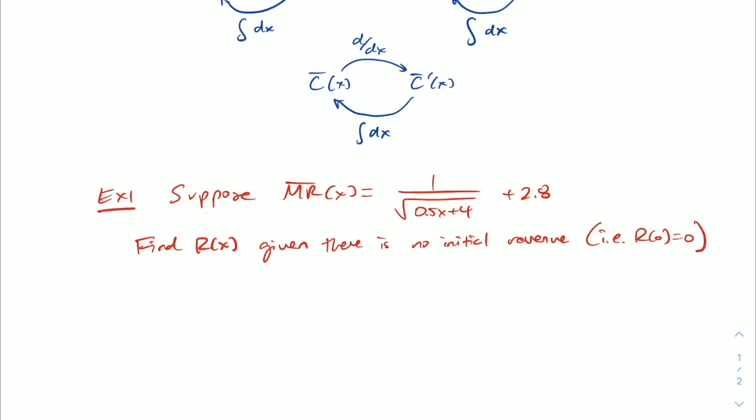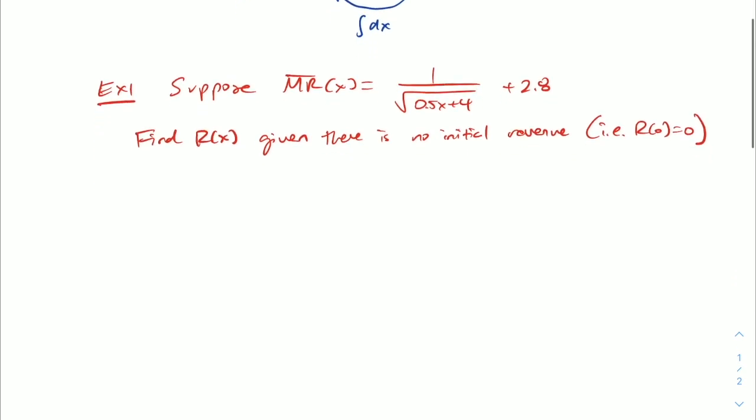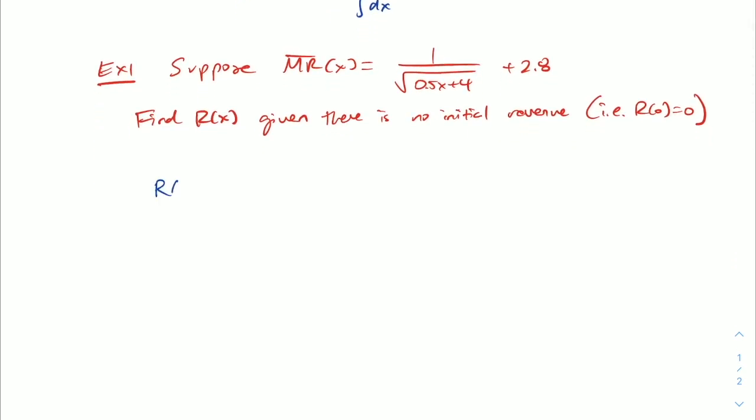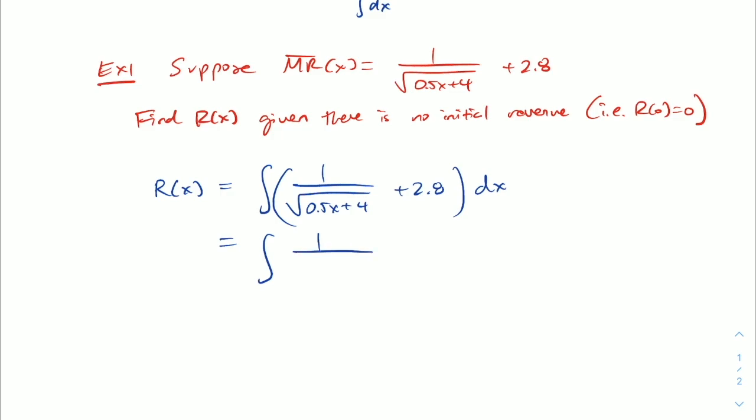All right, so let's do an antiderivative. Like I said earlier, to find revenue from marginal revenue, we're going to integrate this marginal revenue function. If we integrate the first part, we're going to have to use a u substitution. And the antiderivative of 2.8 is 2.8x plus c, so we're done with that part. Now we'll do u substitution.